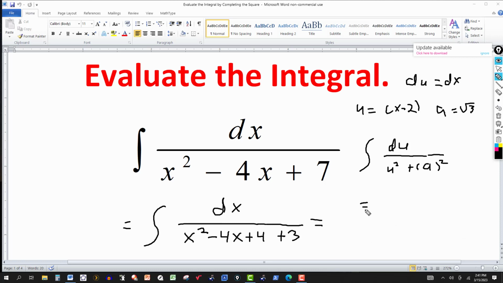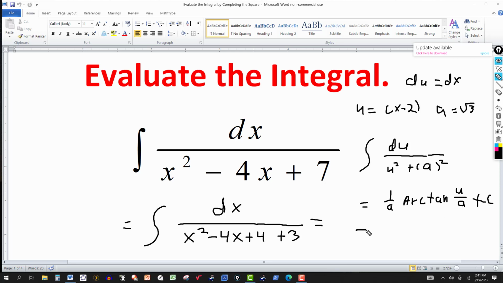The formula said that the integral of an expression in this format would be the same thing as 1 over a arctangent of u over a, just so you can see the relationship between the two formulas. That's the answer, and then plus a constant of integration.